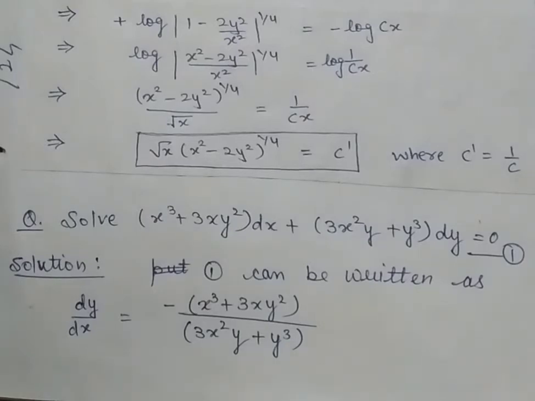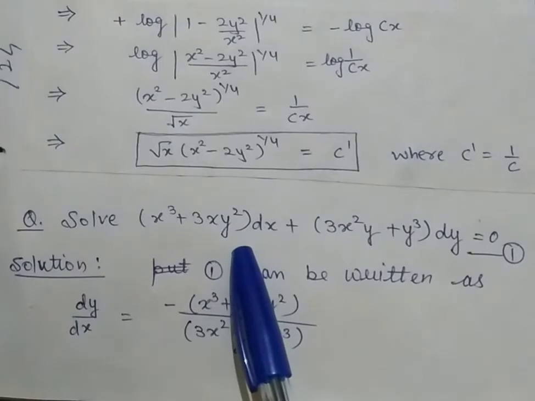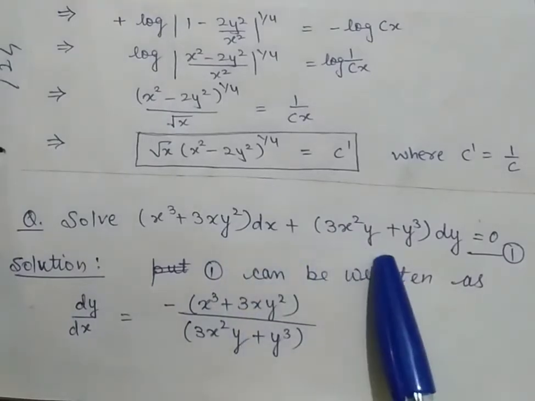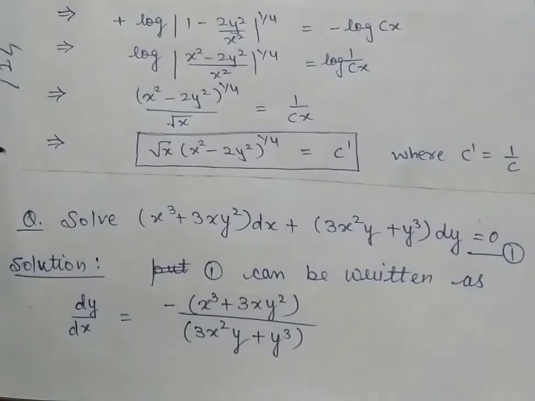Now we will see another example. Solve (x cube plus 3xy square) dx plus (3x square y plus y cube) dy equal to 0. Mark this equation as 1.